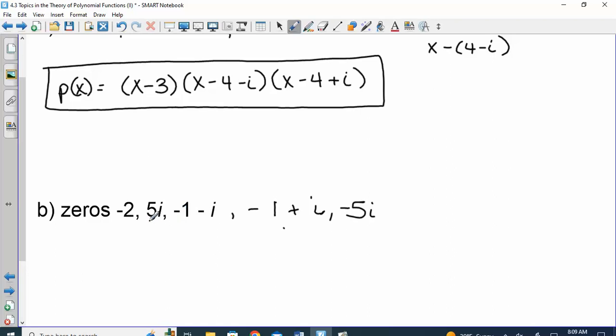Because we had 2 imaginary zeros, so I need the conjugate of each of those. So how many parentheses am I going to have here? 5. It does not matter what order you write those parentheses in. You just have to have them all.